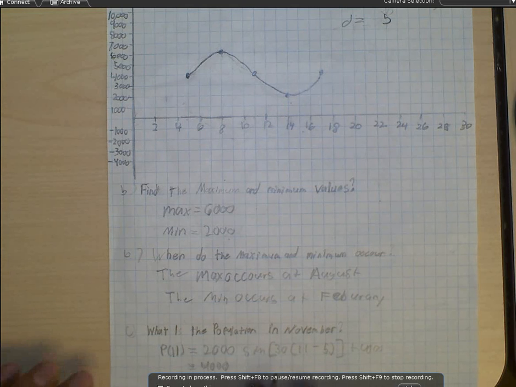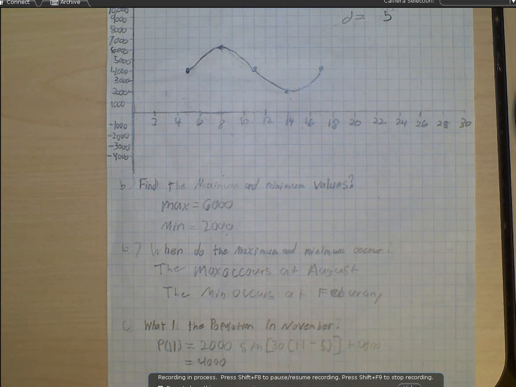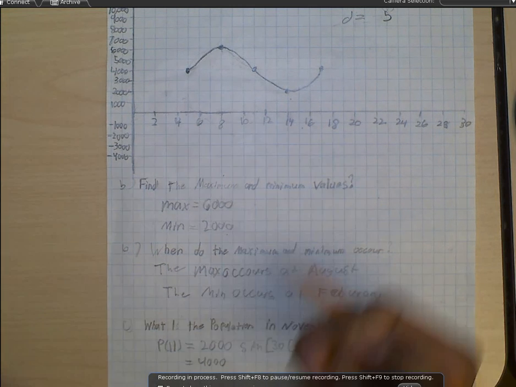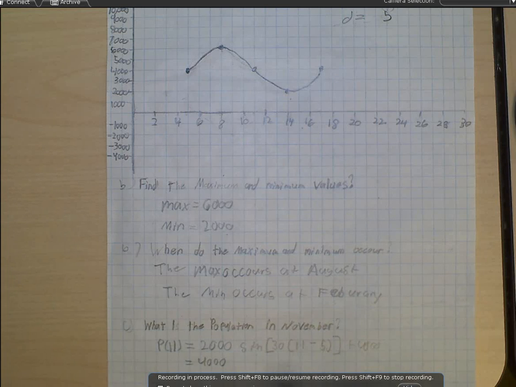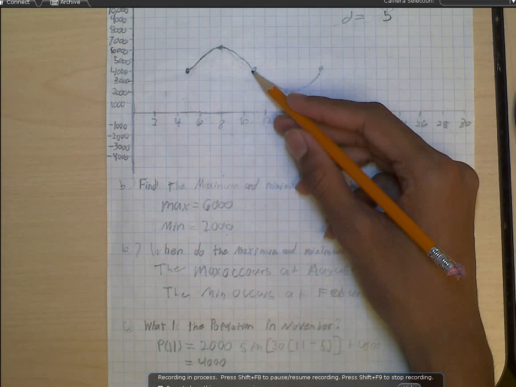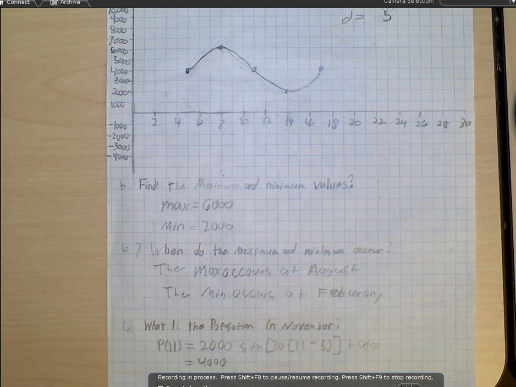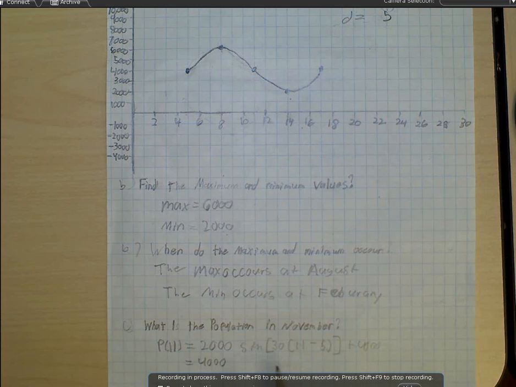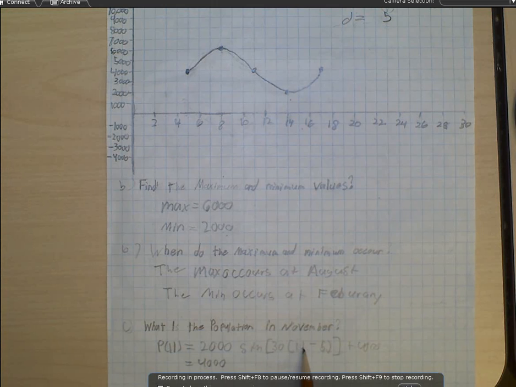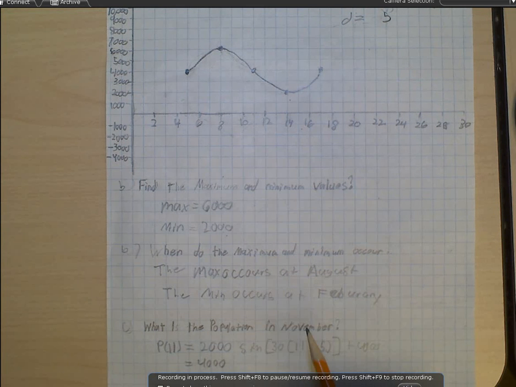And last but not least, what is the population in November? The easiest way to do this again is just to look at the graph. So we look at November, and we see it's at 4,000. But you can also use the equation. You would substitute t with 11, because that's where November is. If you punch this all into your calculator, hopefully you get 4,000.